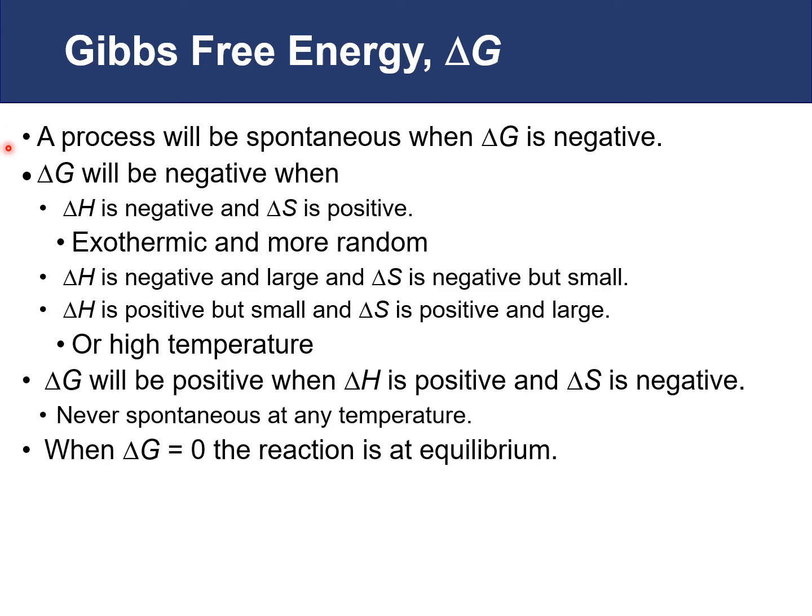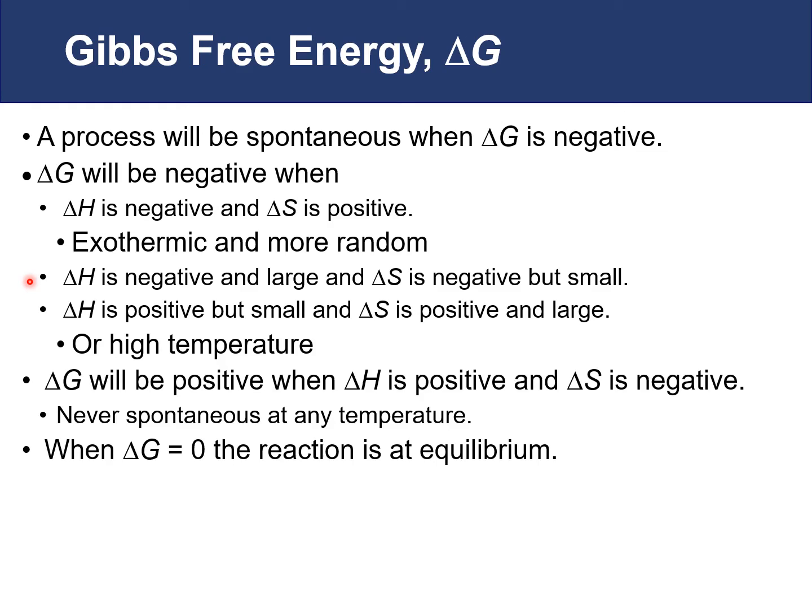This will occur, delta G will be negative, when both delta H is negative and delta S is positive. These are typically exothermic reactions where the products have more different ways of dispersing than the reactants. Another one is where delta H is negative and large and delta S is negative but small.